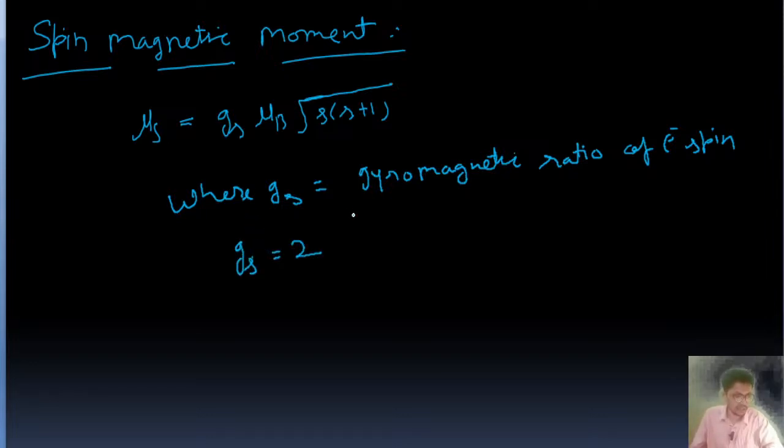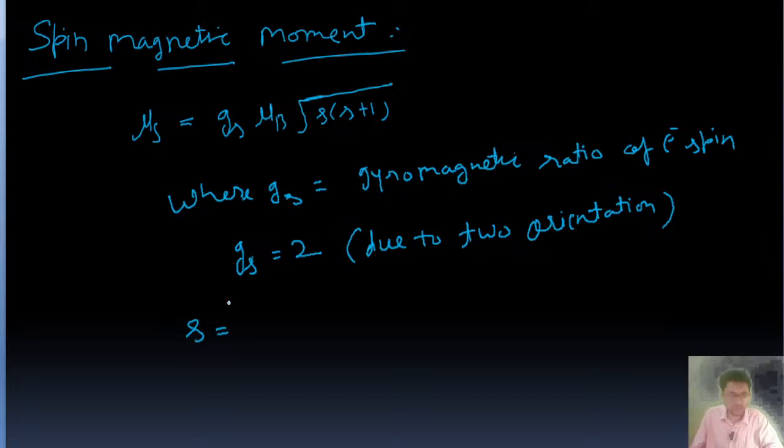Okay, and the value of gs equal to 2. And this is why 2, due to two orientation. Okay, so s value is half.